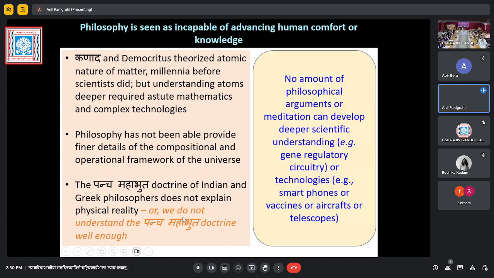So this brings us to a scenario where no amount of philosophical arguments or meditation can develop scientific understanding. Say, for example, how the genes are regulated in your cell, or how the smartphones and other products of technology can be developed.